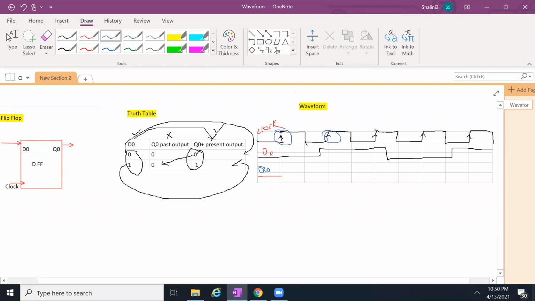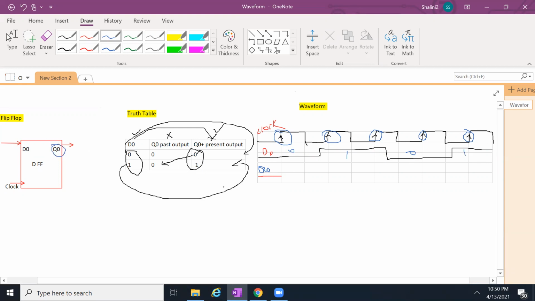This represents the positive edge of the clock. Here I made some input waveform: initially the D0 value is 0, then it goes to 1, then again 0, then 1. Now we need to draw the Q0 value.